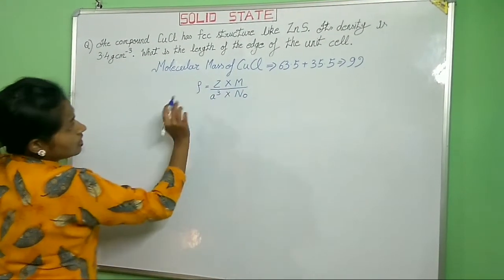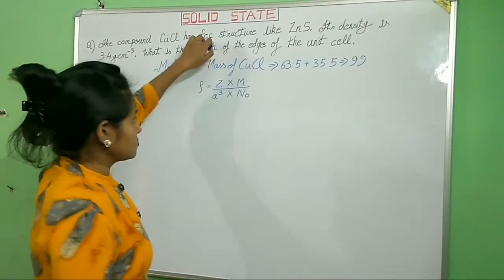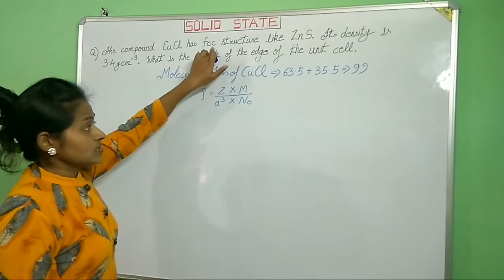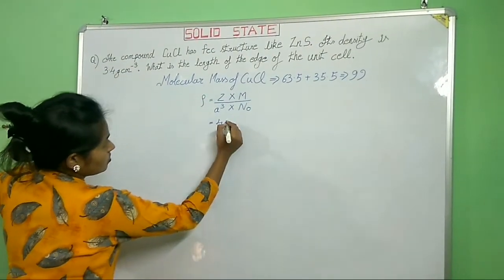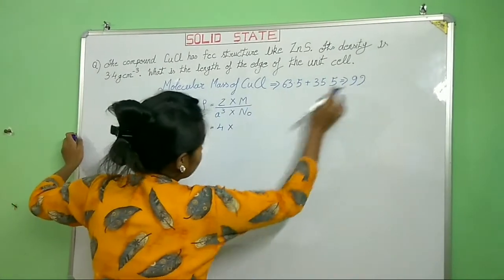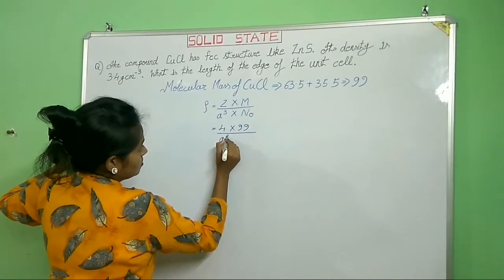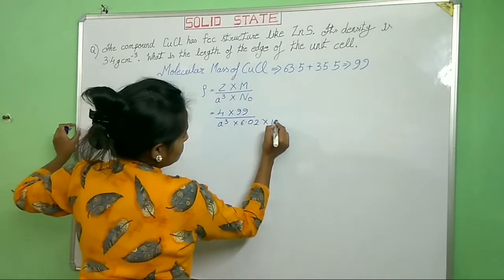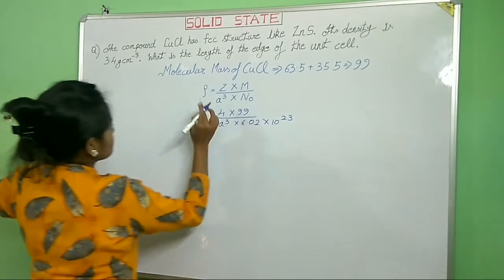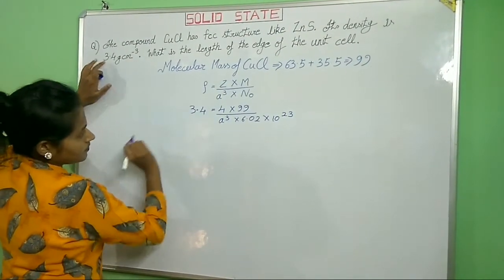What is Z here? Number of molecules per FCC cell or cubic close packed structure. That is 4. So 4, molecular mass we have already found out, 99 divided by a cube into 6.02 into 10 to the power 23. Density is given in the question, that is 3.4.